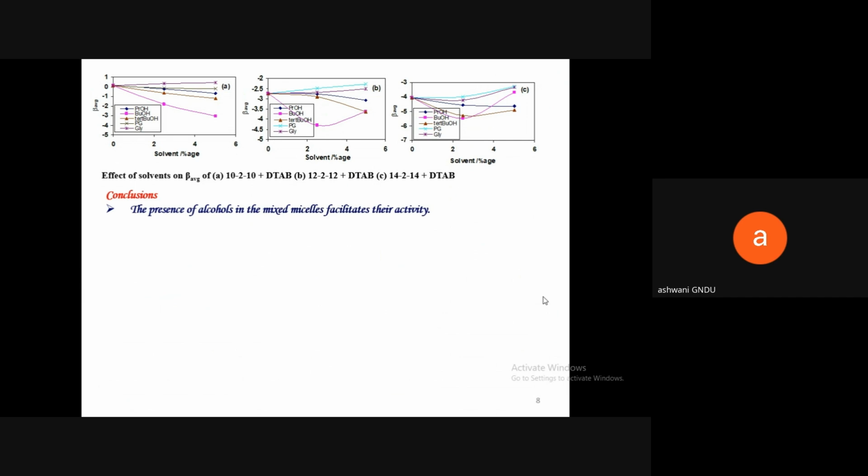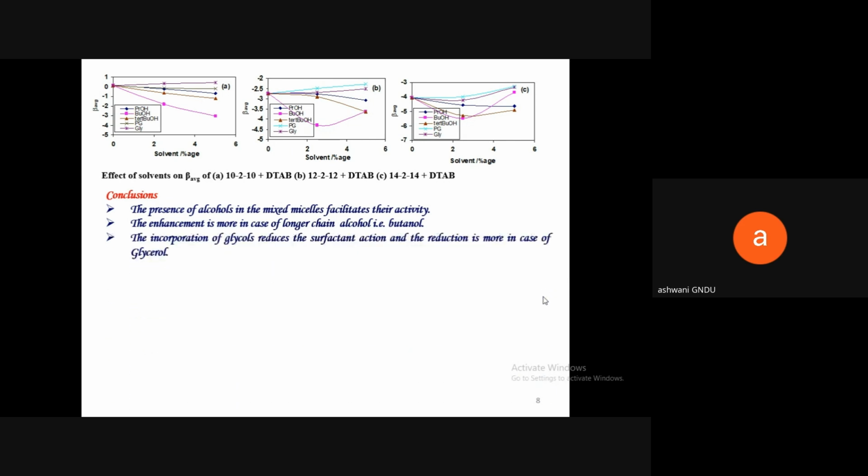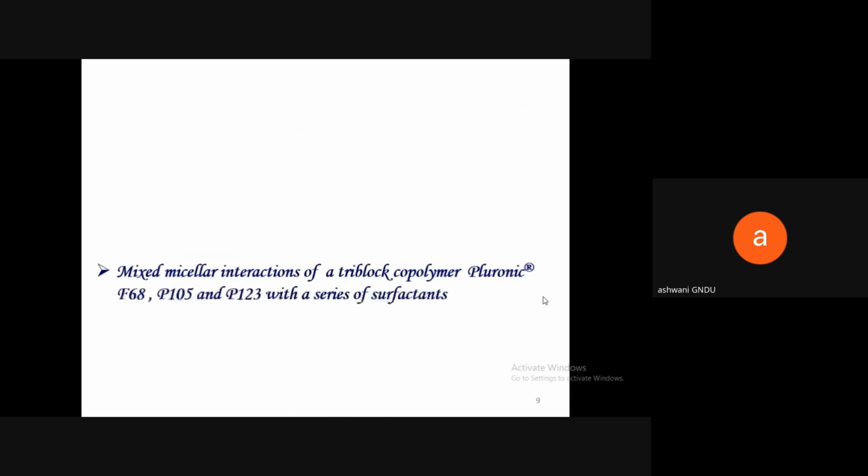The presence of alcohols facilitates their activity, meaning increases their activity, and the increase is more in the case of longer chain alcohols. Then the glycols reduce the surface activity, and the reduction is more in the case of glycerol, which has 3 OH groups. These studies have been published in these journals.